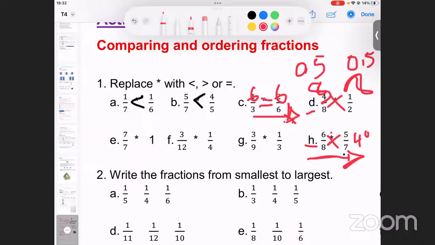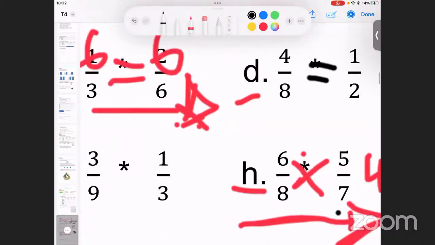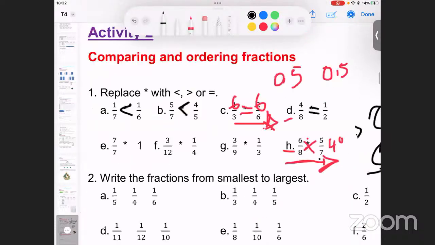So the sign that we're going to put between is going to be an equal sign. So 4/8 is equal to 1/2.